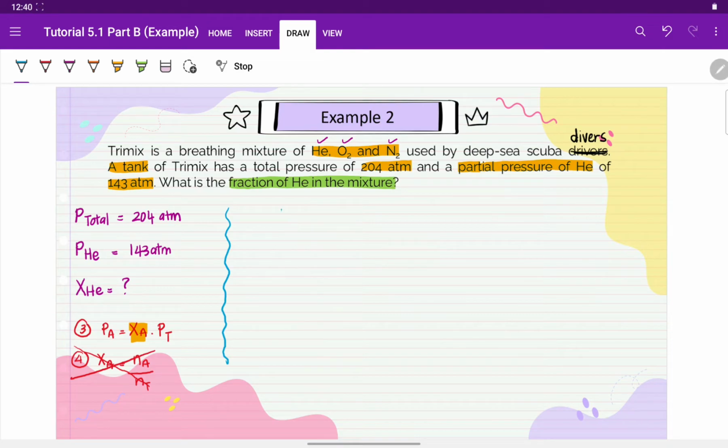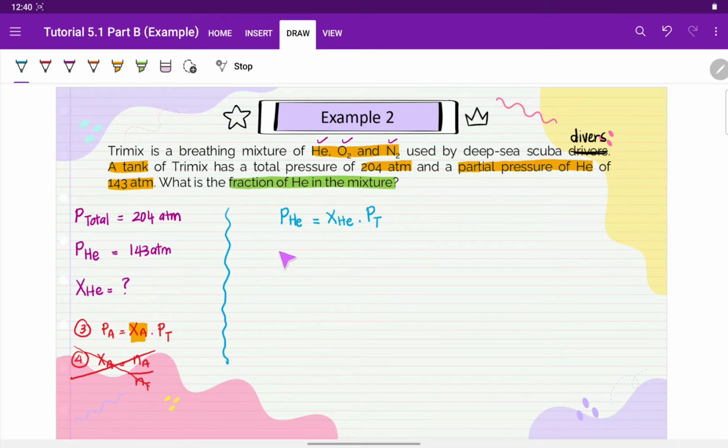Write your equation first. So, it will be P, partial pressure of helium. Make sure the writing is correct. The capital P, HE is, what do we call it? Subscript. So, partial pressure of helium equals the mole fraction of helium times P total. What do we want? We want the mole fraction of helium.